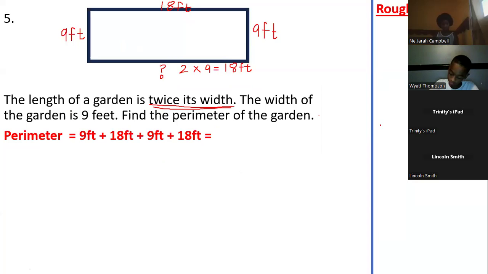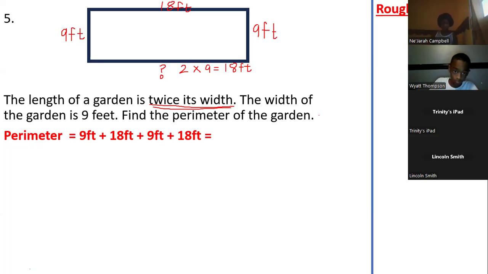Let's add them up together. So we have 9, 18, 9, 18. 9 plus 8 is 17. 17 plus 17, well, that's just 34.